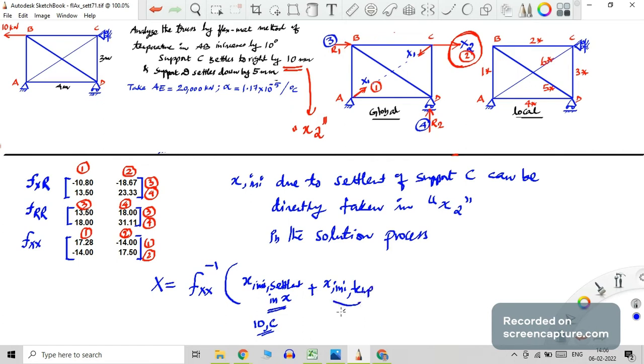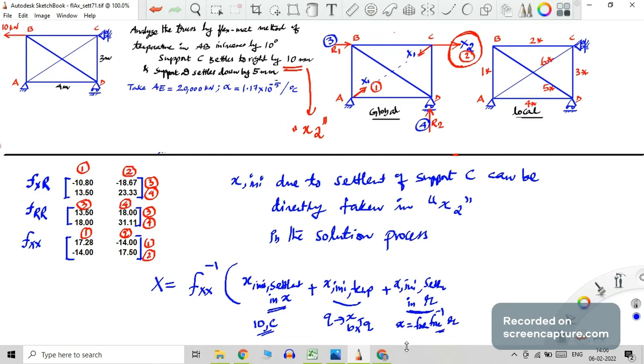This is how we took q, we converted to x by bx transpose q, plus xini due to again settlement, but this is in small r. So this is how we have taken that small r was converted to x by fxr frr inverse into small r, like this.